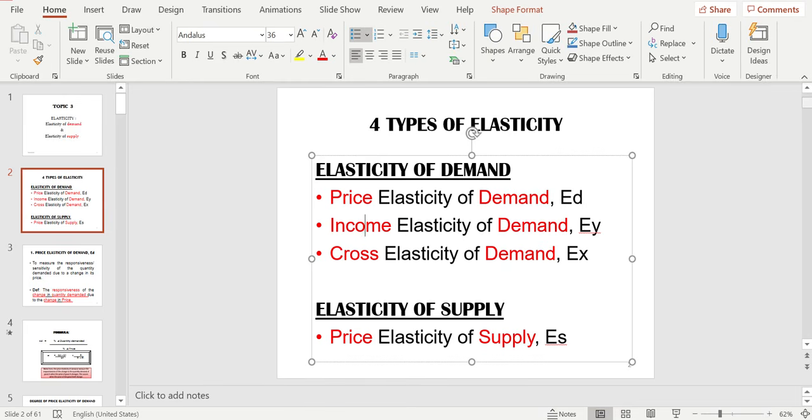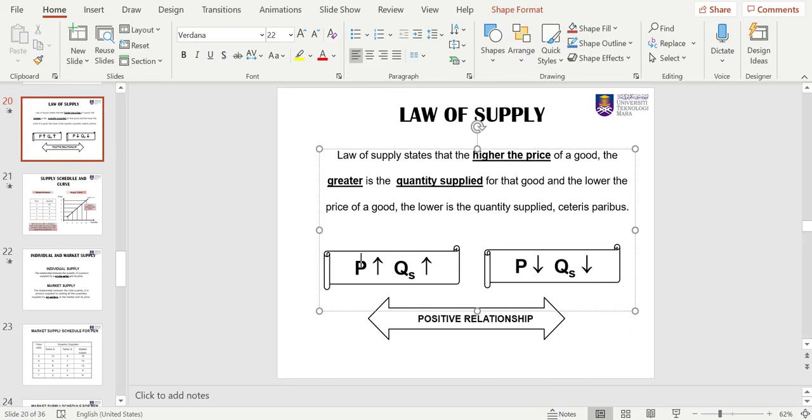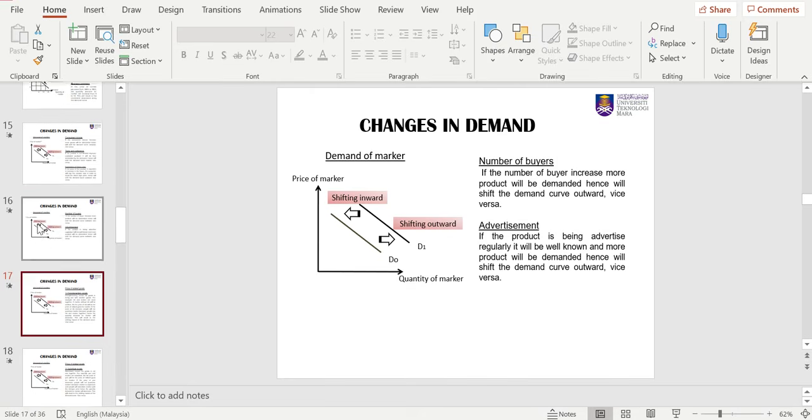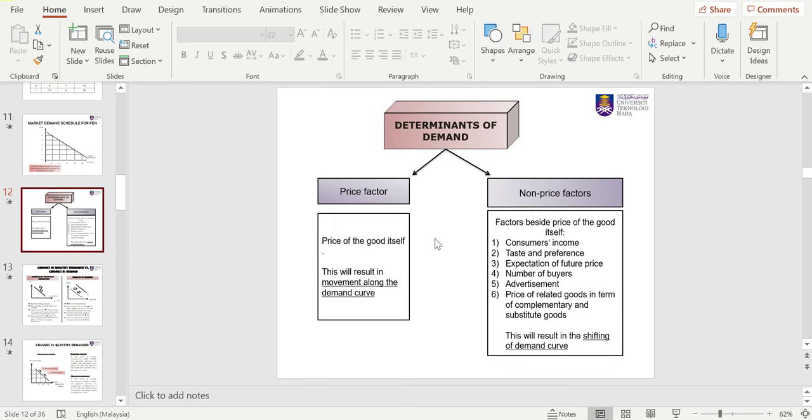While for income elasticity of demand, it means that if the income of the consumer increases, how will it affect the quantity demand? So EY has nothing to do with price anymore. We want to see the change in quantity demand when our income increases. Why income, madam? Because when you learned demand before, income is a determinant of demand.